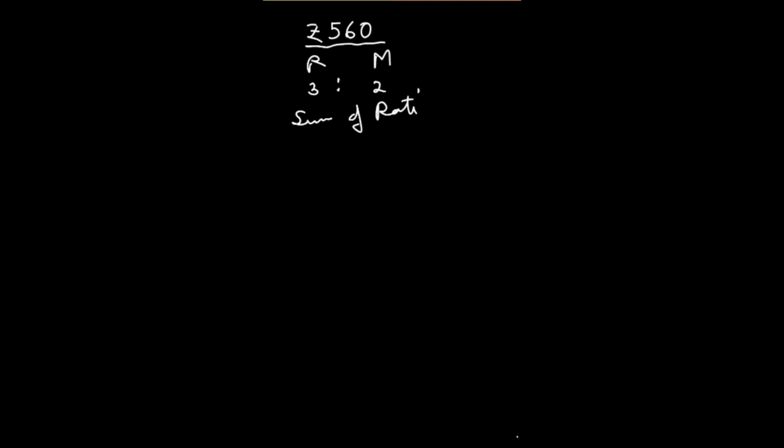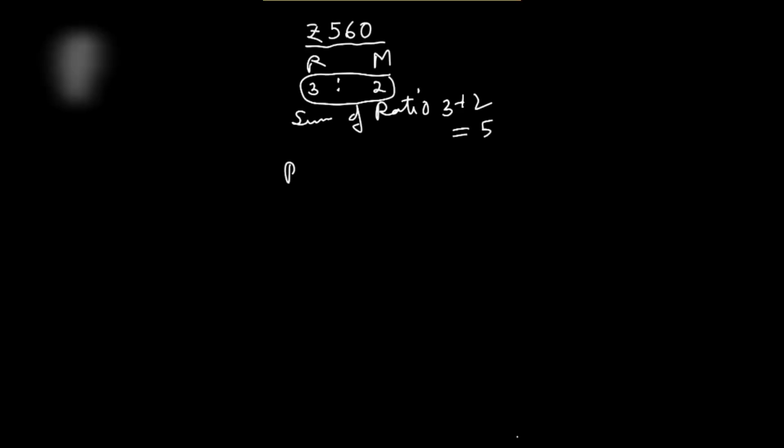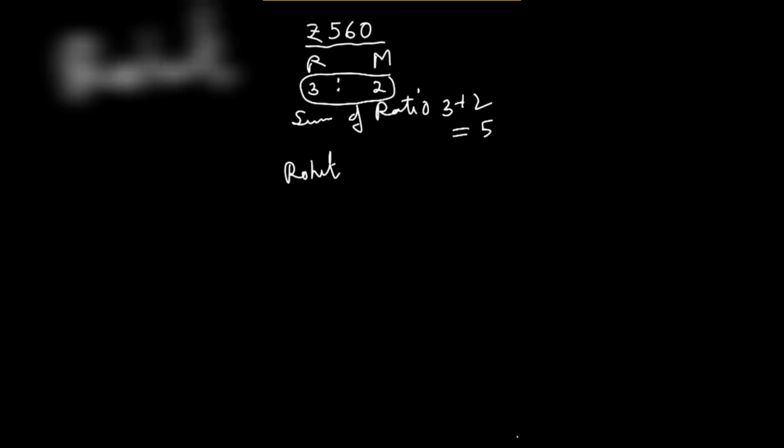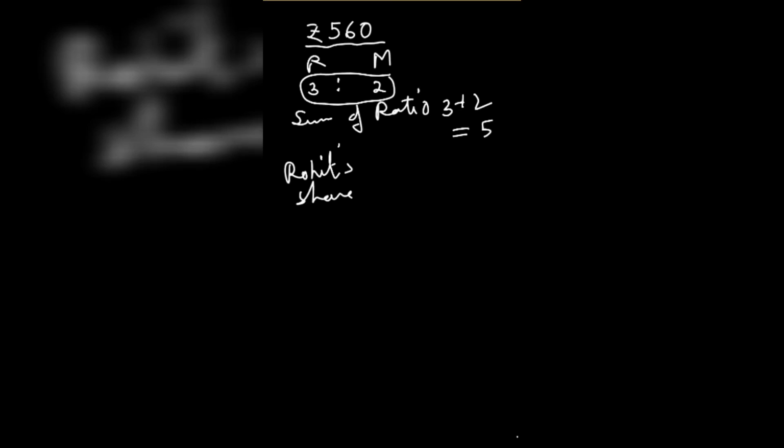First we will do that. 3 plus 2, we add, and we get 5. So what will be Rohit's share? Rohit will get how much? 3 out of how much? Total is 5.